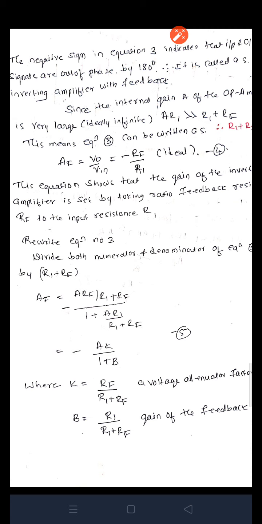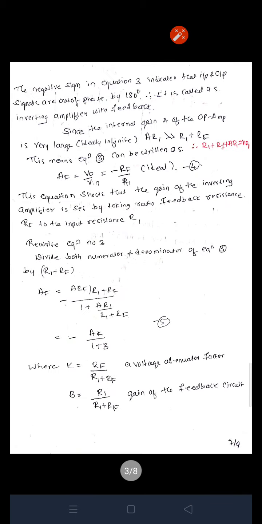Since the internal gain A of the op amp is very large, ideally infinity, as you know, the equation can be approximated as follows: A r1 is very much greater than r1 plus rf.